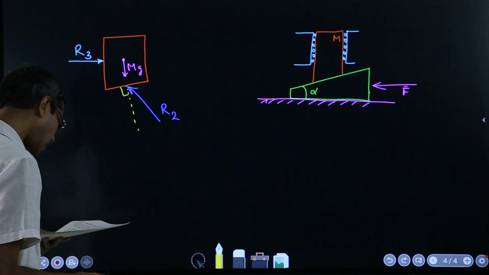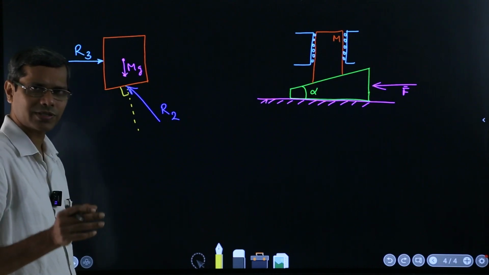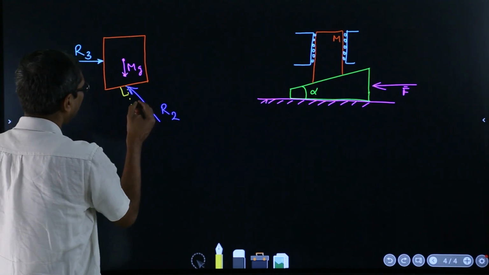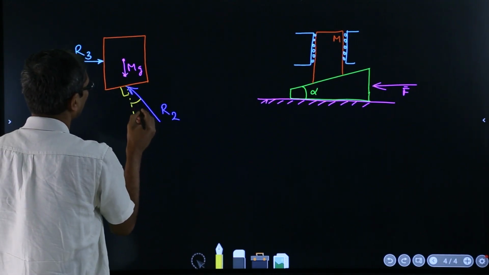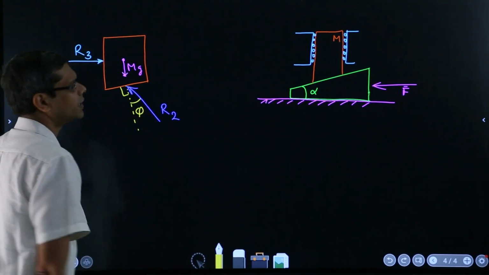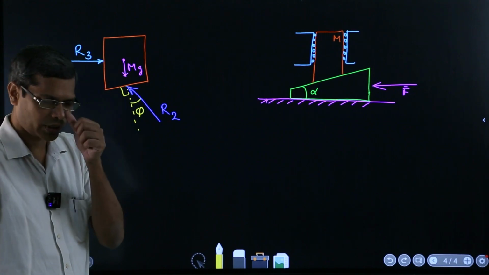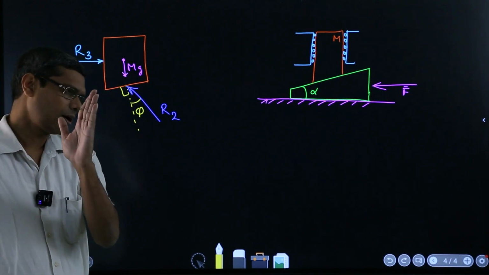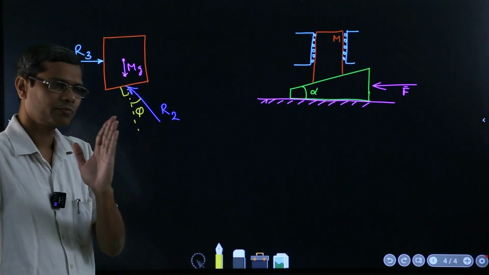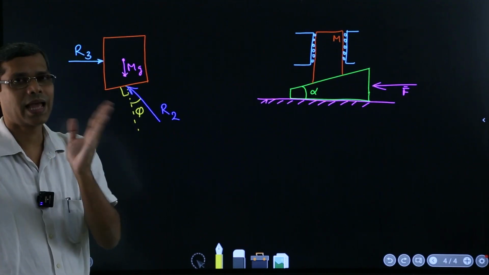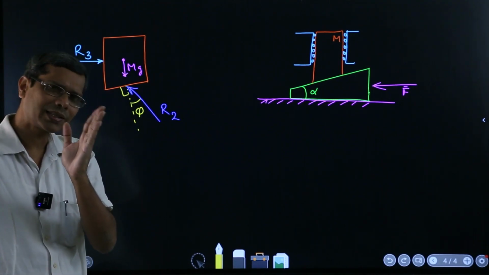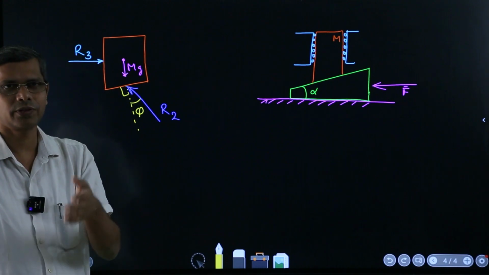And if things are just on the verge of slipping, then this angle will be phi, right? The angle of repose, you can say: the maximum angle which the reaction makes with the normal.